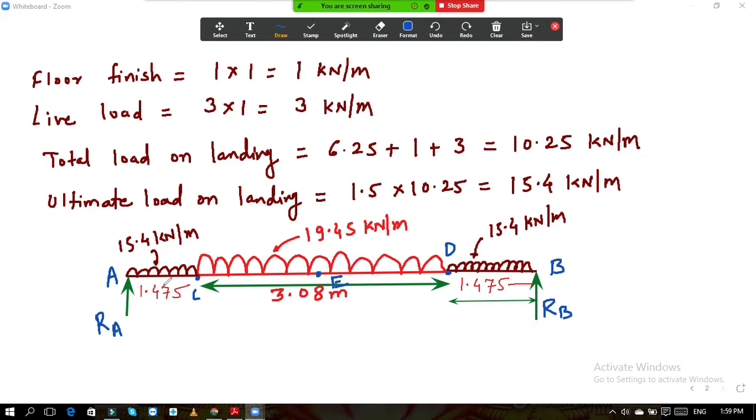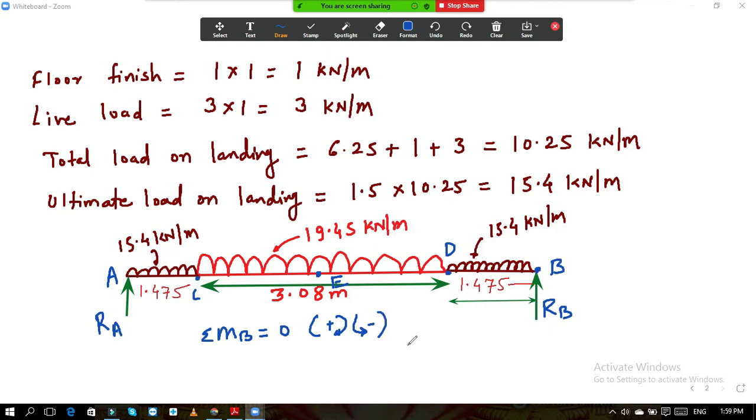We will go by the left hand side, so we will calculate the value of RA. To calculate RA, I will take the sum of the moments of all the forces about B equal to 0. If the moment is clockwise, it is plus. If it is anti-clockwise, it is minus.